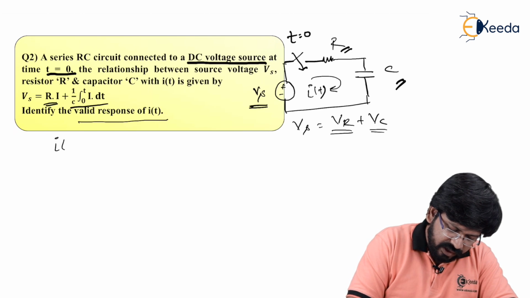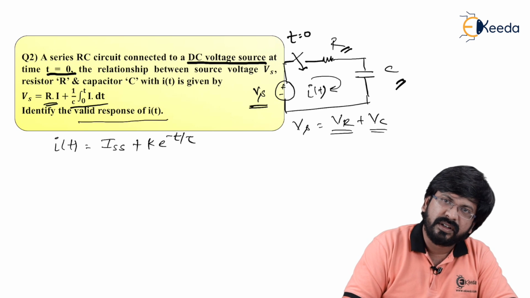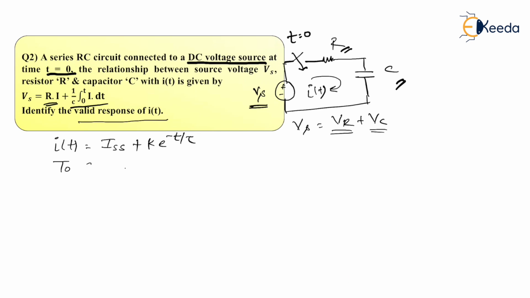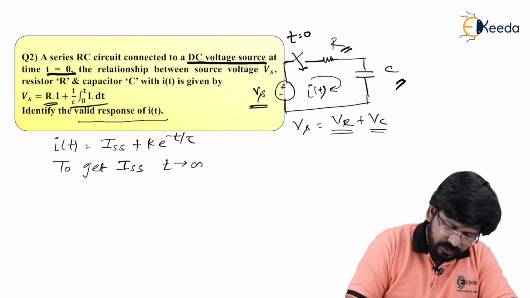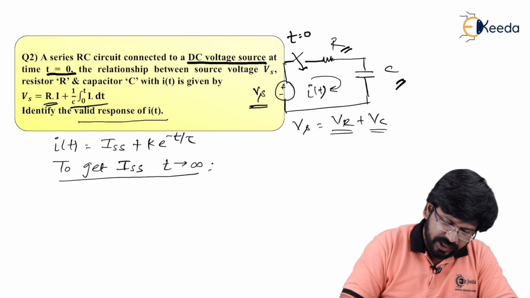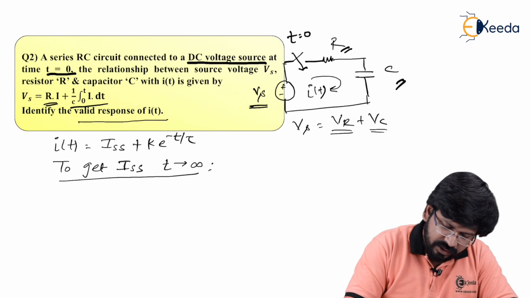So let's see how we can go about it. Can I say I of t in general is given as ISS plus k into e to the power minus t by tau, right? The first step is to get ISS. We substitute t tends to infinity. Once we substitute t tends to infinity, observe the circuit.